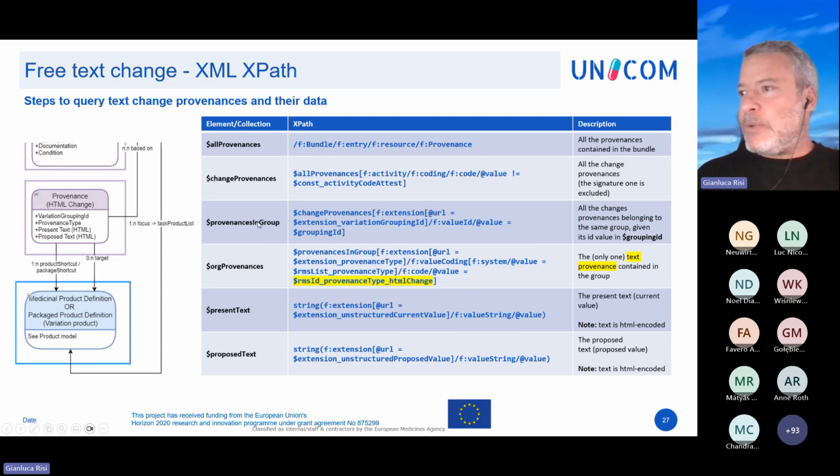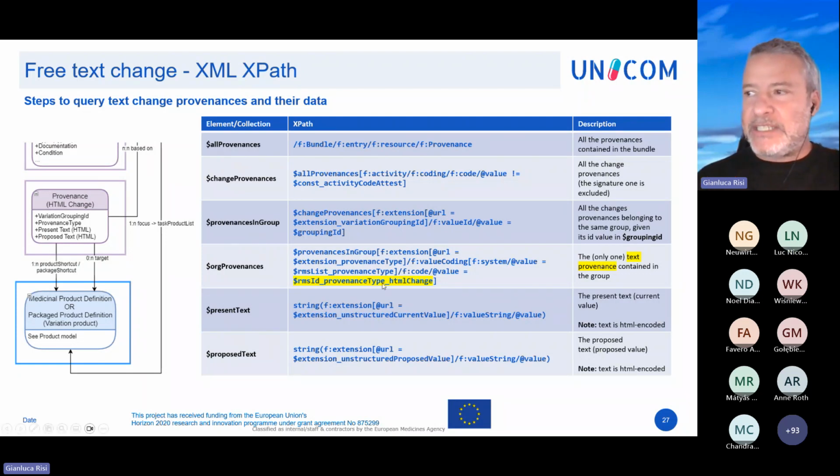And in this case, we can now filter by provenance type. If you remember before, Noel told that each provenance type has a concrete type value. One is 997, the other one is 998, and the other one is 999.